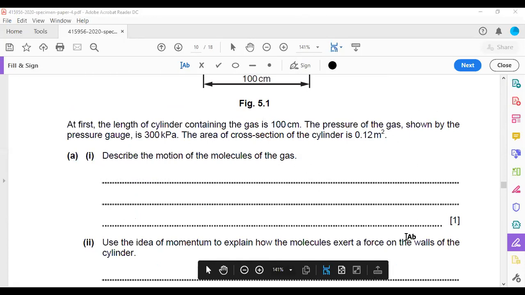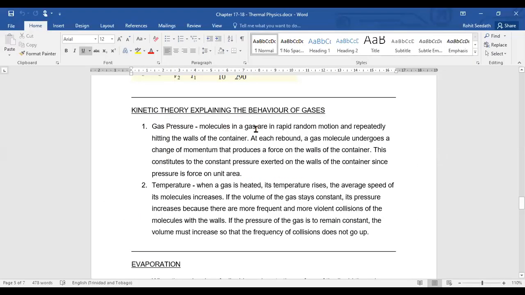Taking the same notes that I would have given you, it said here, gas pressure: molecules in a gas are in rapid random motion and repeatedly hitting the walls of the gas. At each rebound, a gas molecule undergoes a change of momentum that produces a force on the wall. Good. This constitutes the constant pressure exerted on the wall of the container, since pressure is force per unit area.